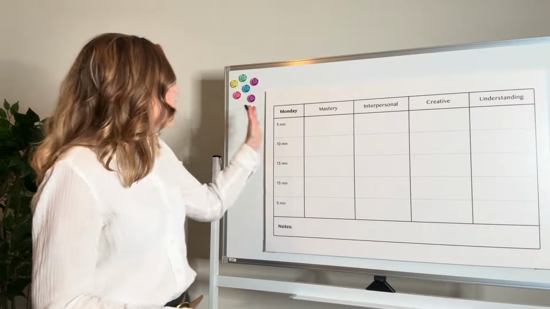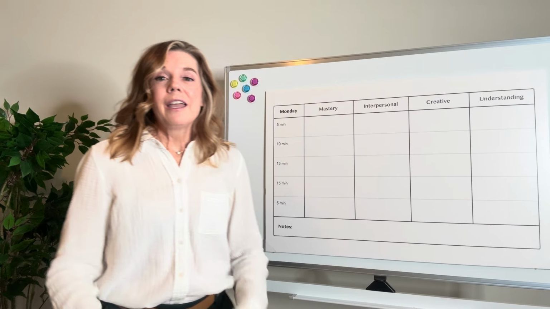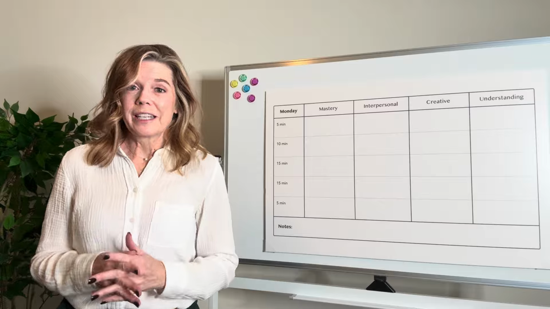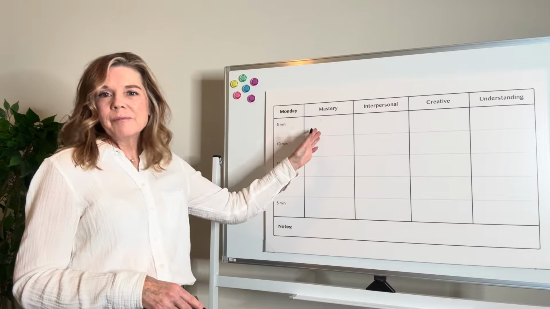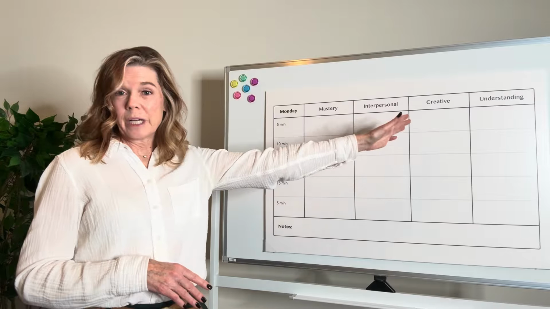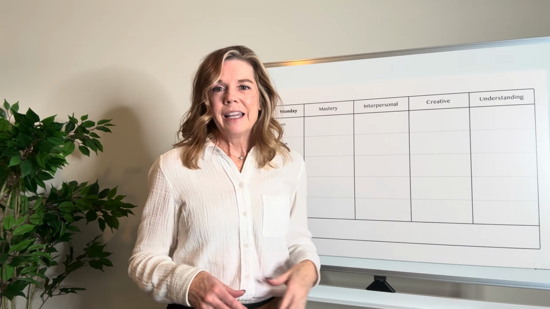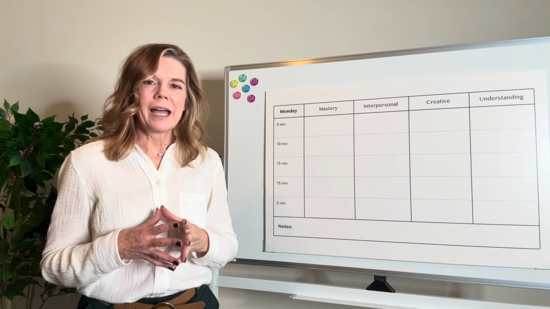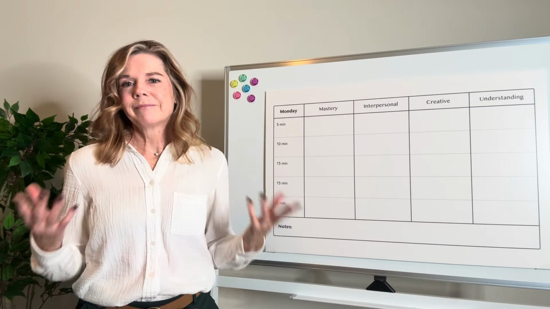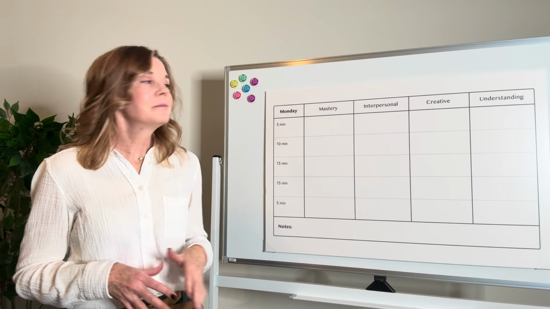Now, the horizontal row addresses all 4 learning styles. So we have mastery, interpersonal, creative, also known as self-expressive, and understanding. Now, in the student population, mastery learning style is preferred by 40% of the students.